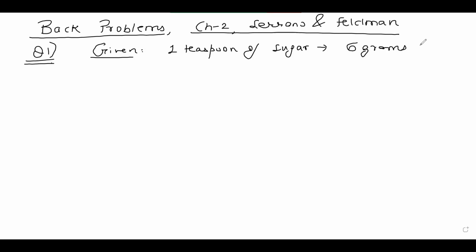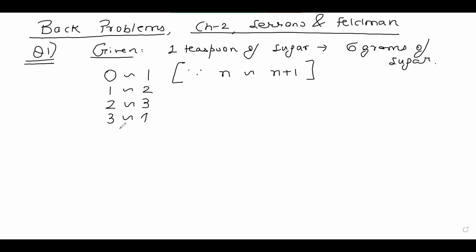Now, if I don't have this teaspoon at all, that's 0 grams, I am indifferent between 0 gram and 1 gram, because in the question we were given that the consumer is indifferent between n grams and n plus 1 grams. So I am indifferent between 0 and 1 gram, 1 and 2, 2 and 3, 3 and 4, 4 and 5, 5 and 6.